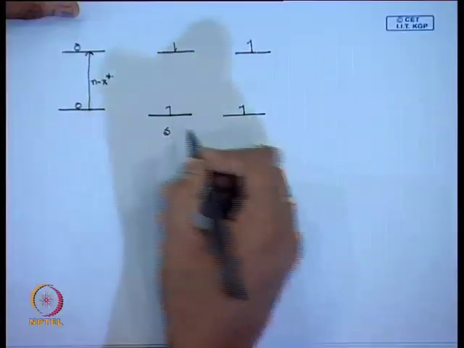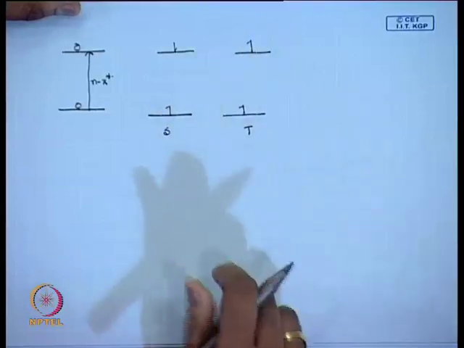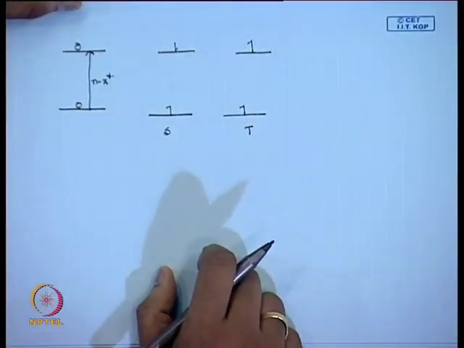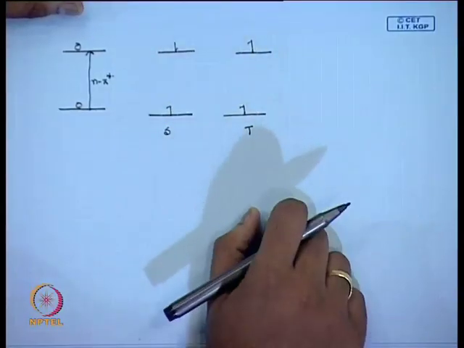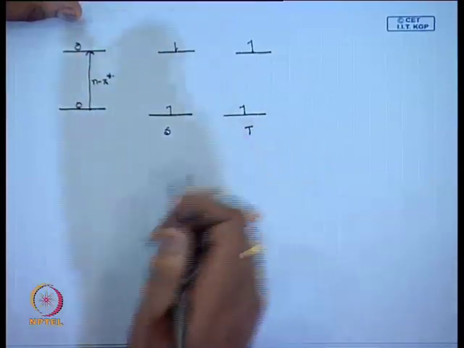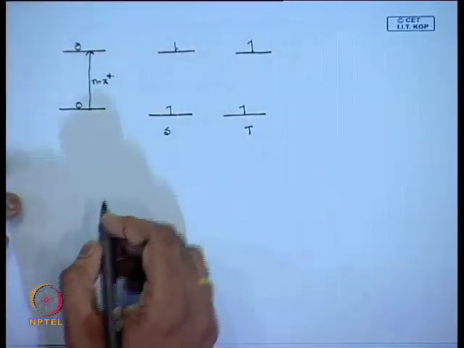We call this parallel spin triplet, and we call this anti-parallel spin singlet. It is not exactly because of that that we call them singlet and triplet. Why do we call this a triplet? For example, consider this triplet state.